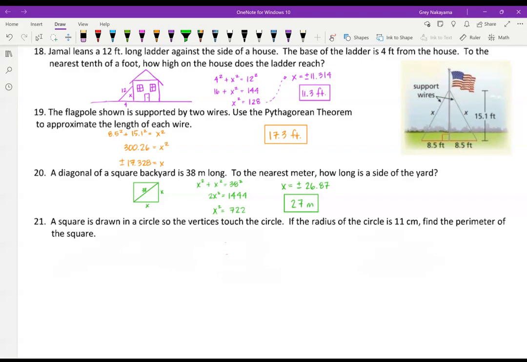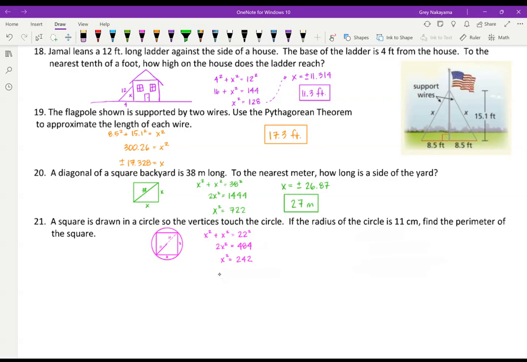All right, last one. A square is drawn in a circle so the vertices touch the circle. All right, there's my circle. There's my square in it. The radius of the circle is 11, so I know that that distance is 11. And if I keep going, then I have another 11. And each side of the square is x. So to solve that, that's going to be x squared plus x squared equals 22 squared. 2x squared equals 484. x squared equals 242.